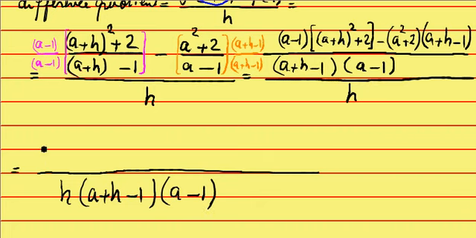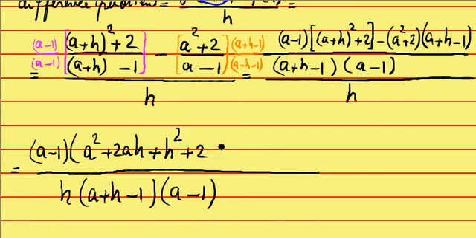Here I have a minus 1 times the second item. Should square this quickly. A squared plus 2ah plus h squared plus 2, minus second one. There isn't anything to do. We could have multiplied if we wanted to.